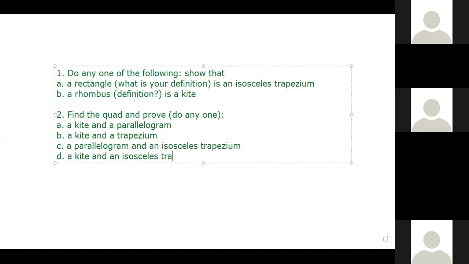Now, the last one, you should find it a bit amusing because both kite and isosceles trapezium have line of symmetry, that you have figured out already. But neither has rotational symmetry. Now, the quadrilateral which is both a kite and an isosceles trapezium, see if it has rotational symmetry.